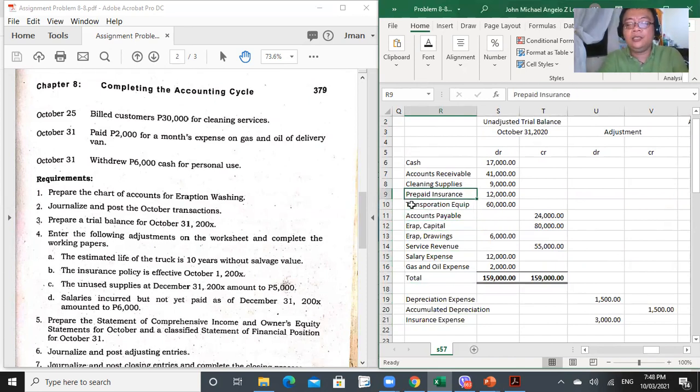Prepaid insurance is already here, and since it is a credit, we put it on the credit side, worth 3,000. So far clear?